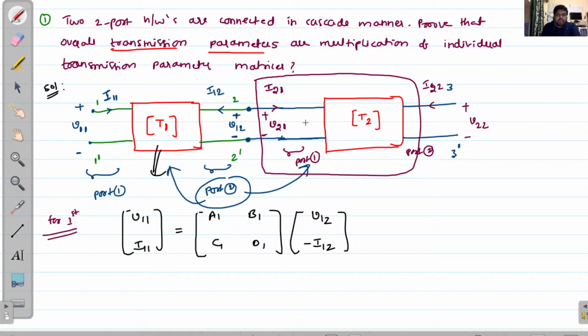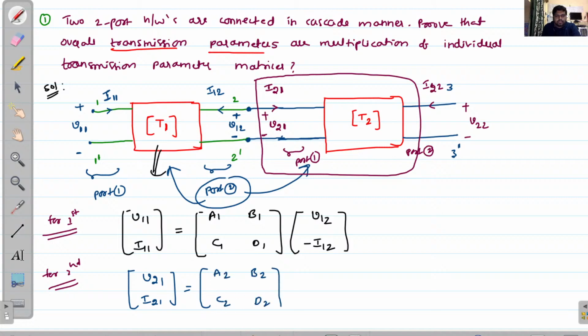In a similar way, you can write it for the second two-port network, with the variables V21 and I21, which equals A2, B2, C2 and D2 into the last two variables, V22 and minus I22.